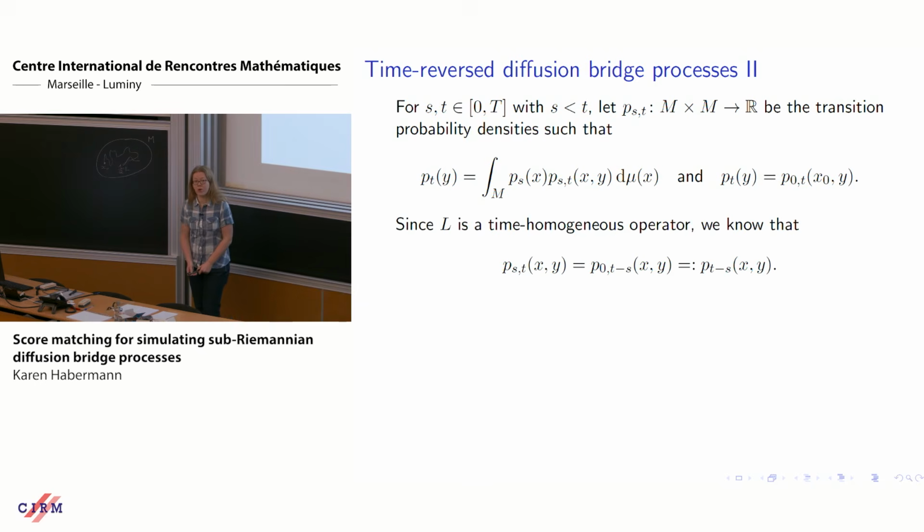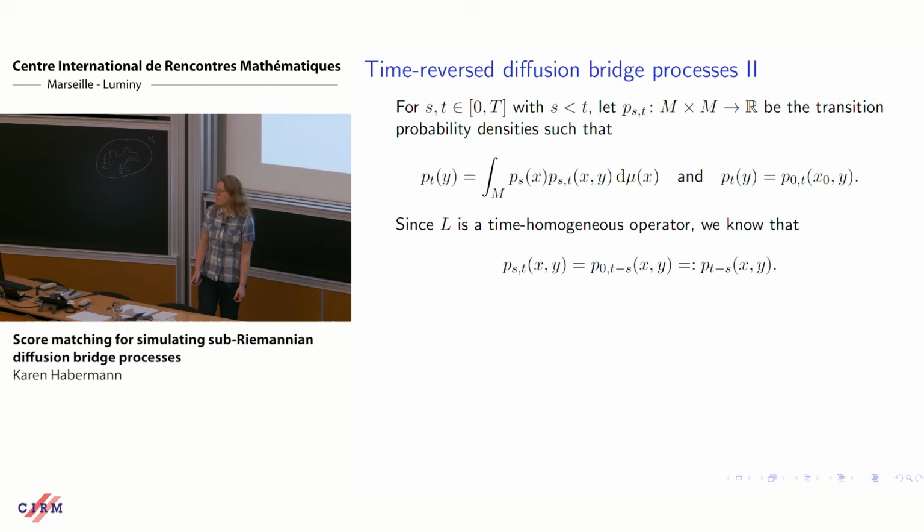And one further property we have available in our setting is that because our generator for the stochastic process is so-called time homogeneous, meaning in this particular case, because it had no dependence on time, it only had dependence on the space, we do have the nice property that the probability of going from x to y, where we start at x at time s and want to end up at y in time t, is the same thing as going from x to y in time t minus s.